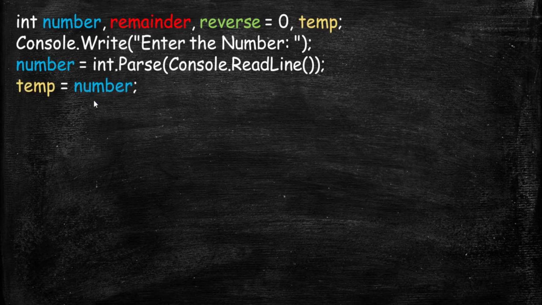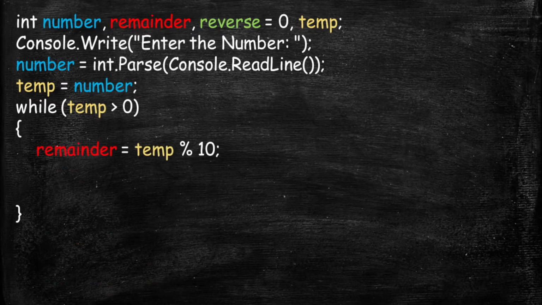Then we will store that number in a temporary variable which will be used in a while loop to reverse the number. Then we will add a while loop with a condition that the temp variable should be greater than 0. If temp becomes 0, this condition will be false and the while loop will stop.